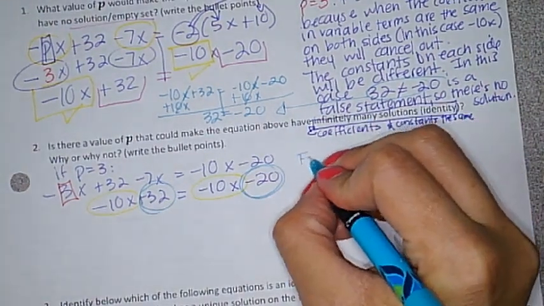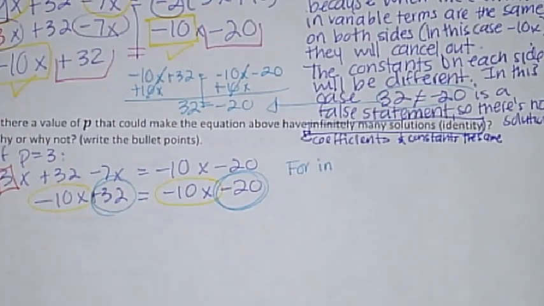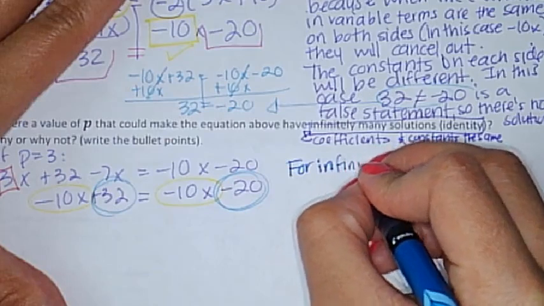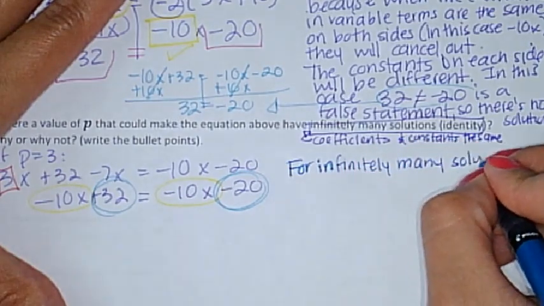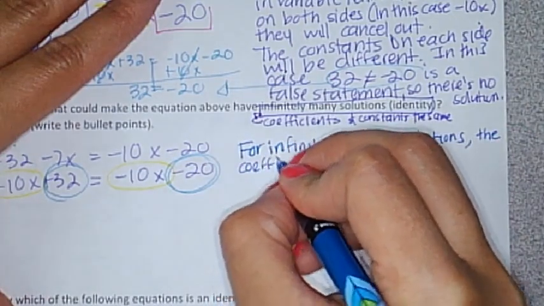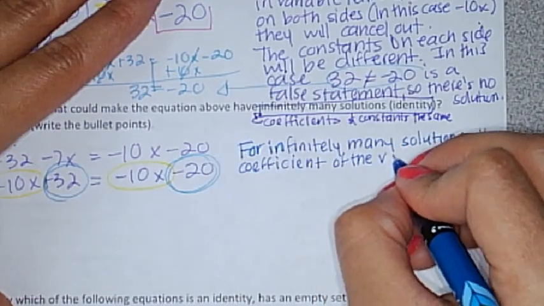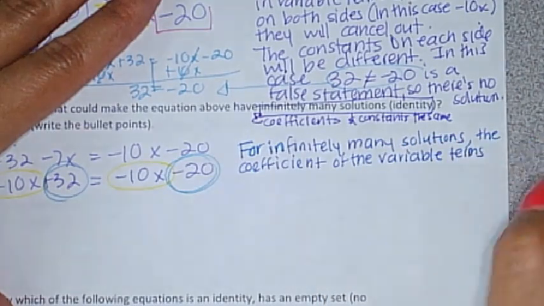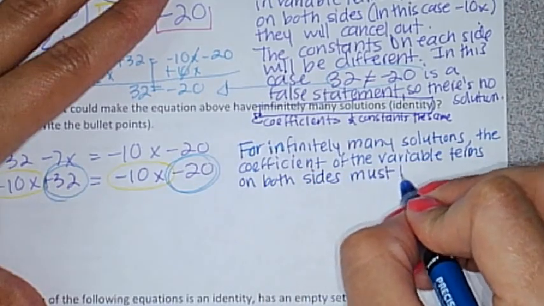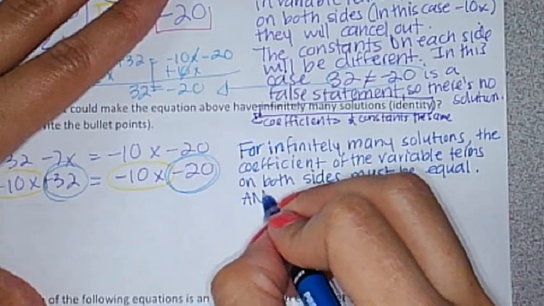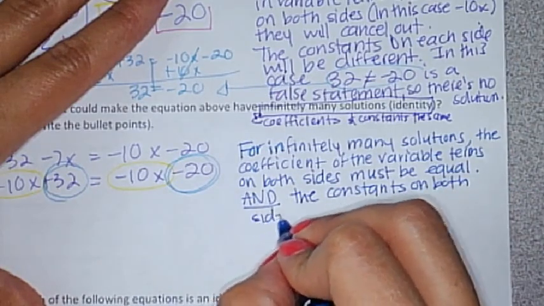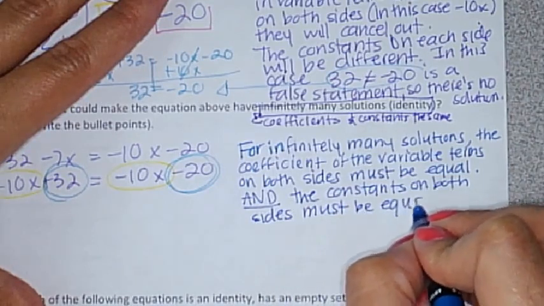So I will say, for infinitely many solutions, the coefficient of the variable terms on both sides must be equal, and the constants on both sides must be equal as well.